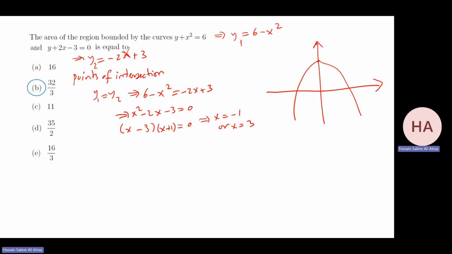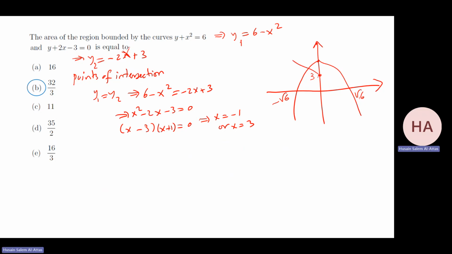So when x equals 0, the parabola is at 6, and the parabola crosses zero at minus square root of 6 and square root of 6. To be sure, minus 1 is here. The line at x equals 0 is 3, and at x equal 1 it's 1.